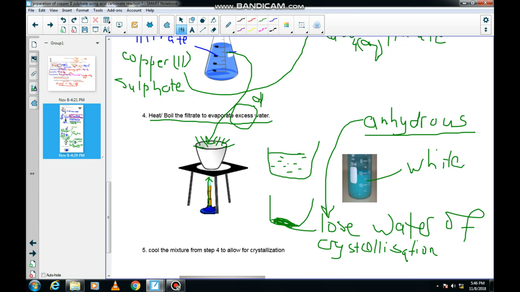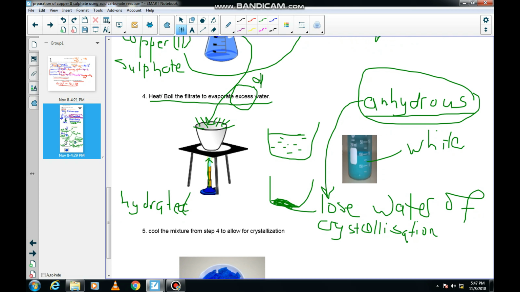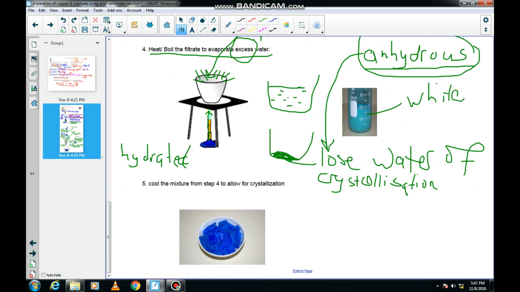But we do not want to form an anhydrous product. We want to make a hydrated product, a product that has water. This is why we heat only to evaporate excess water, not all of the water. And then when we are satisfied that we have evaporated excess water, we will cool the remaining mixture to allow for crystallization.